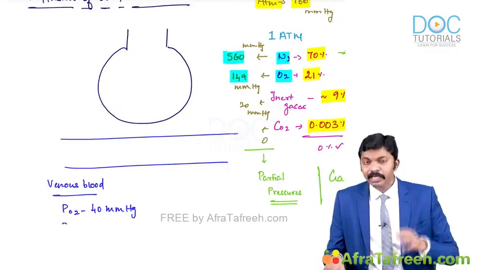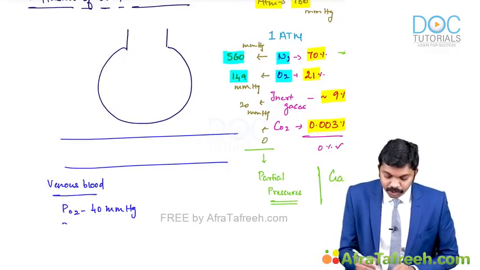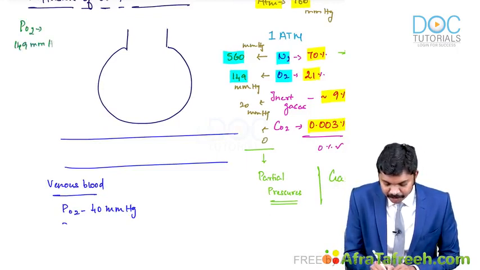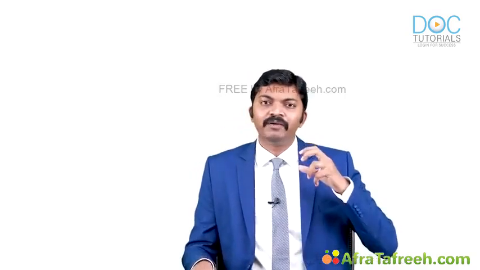If you look at the atmosphere, as I told you, the partial pressure of oxygen in the atmosphere is 149 millimeters of mercury. As this gas enters our body, it enters our nasal passages. These gases are moistened and humidified by the nasal epithelium.